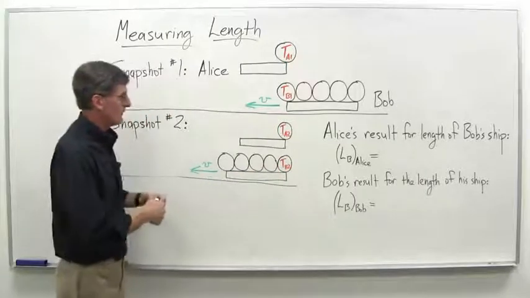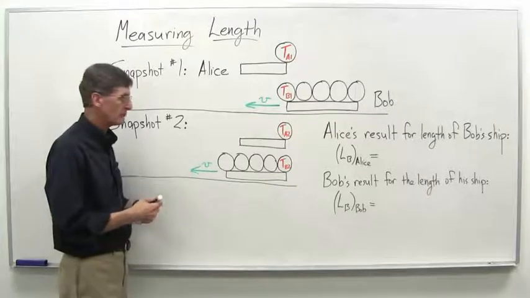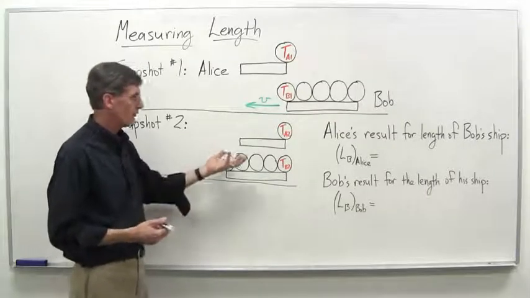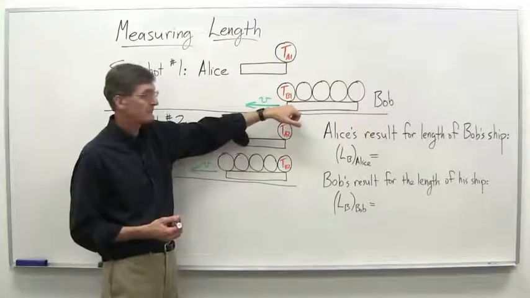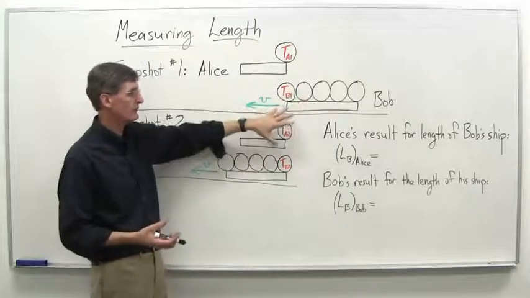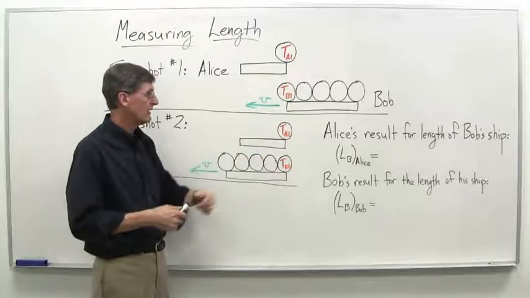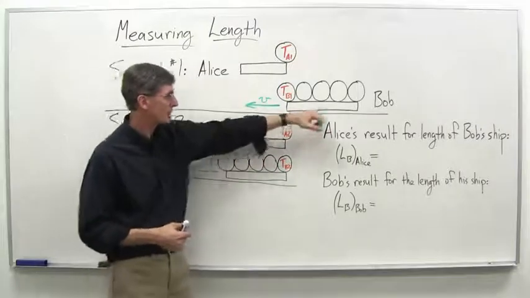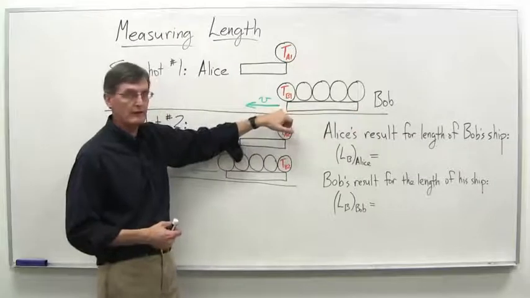So how then does Alice get the result for the length of Bob's ship? Well, we know it's going to be essentially the distance traveled here. We know Bob is traveling at a constant velocity v. That's what Alice sees him doing. He will travel a certain distance in that amount of time, represented by essentially the end of his ship coming to this point here.